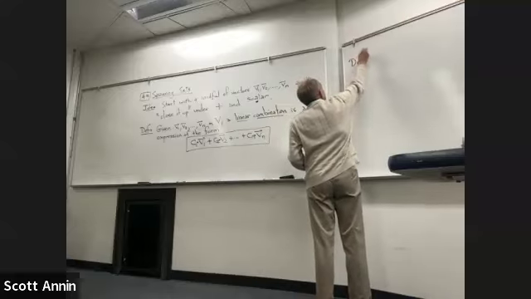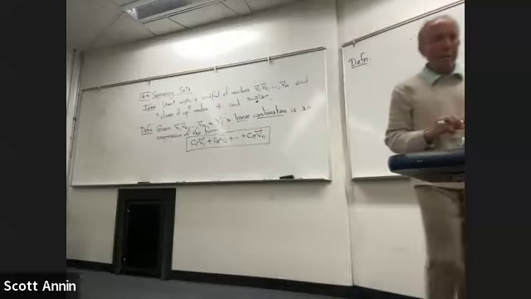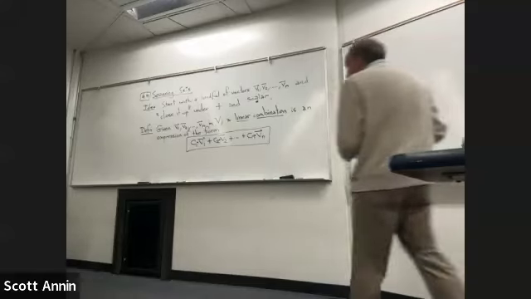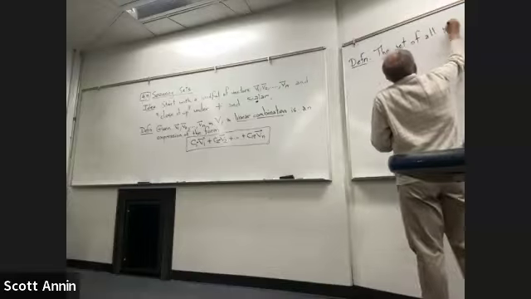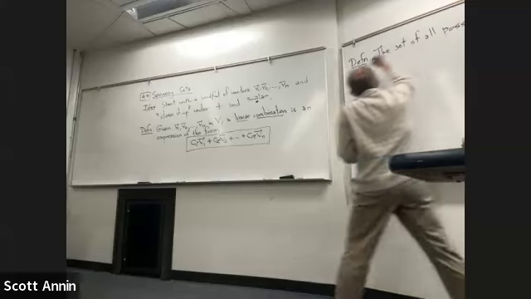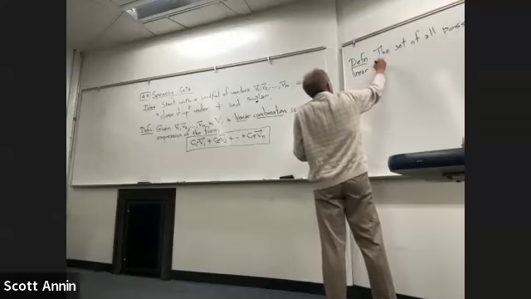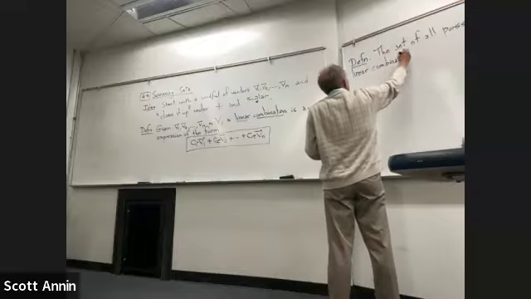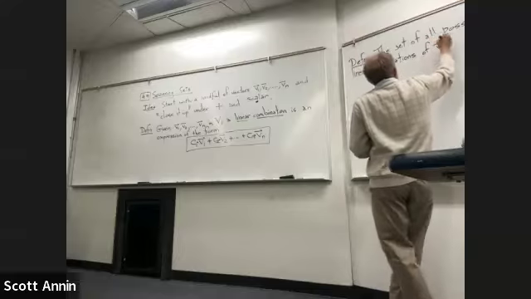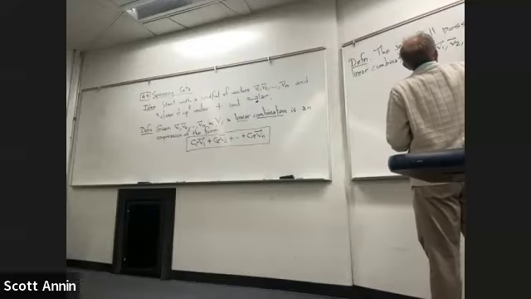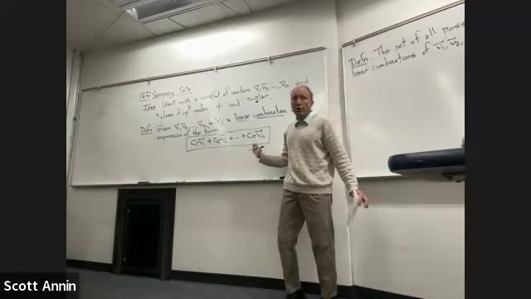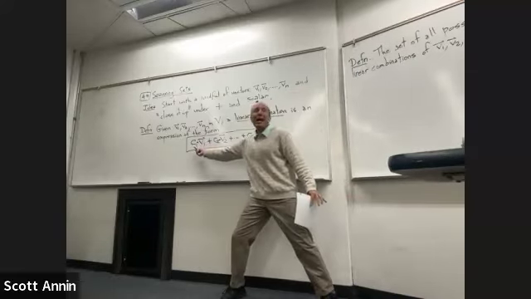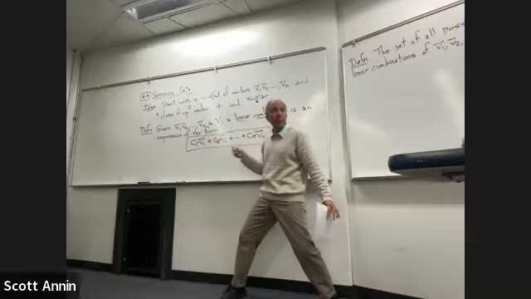Let me write down one more definition related to this, and then I'll state the theorem and maybe do one quick example. The set of all possible linear combinations of v1, v2, up to vn: if I take all of them, I hope everybody understands there are billions of them. I can choose c1 to be any number, c2 can be any number, c3 can be any number.